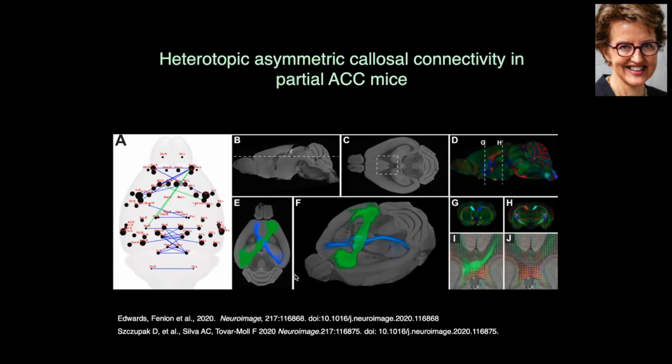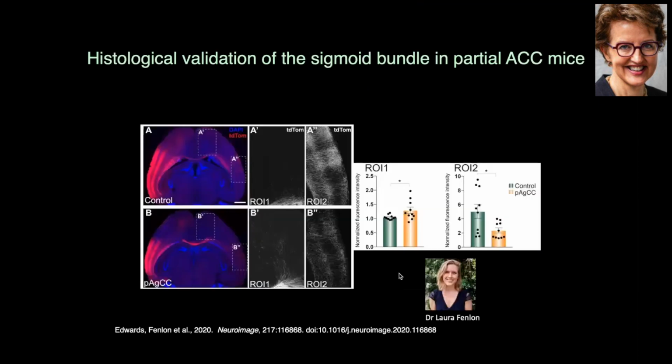And it's quite an interesting phenomenon, and we're interested to understand how this really works, how it happens. But of course, using an animal model, we can also do tract tracing and really verify that these diffusion data and tractography data can be validated using more histological techniques.